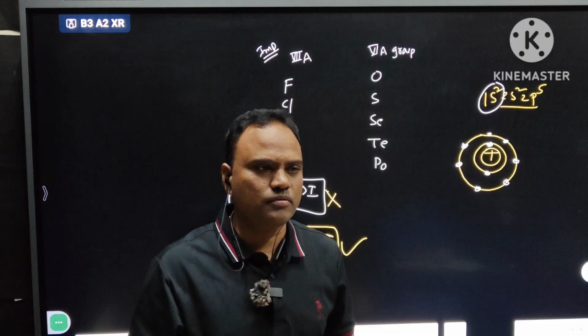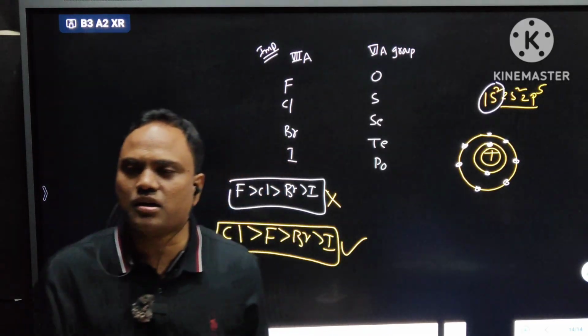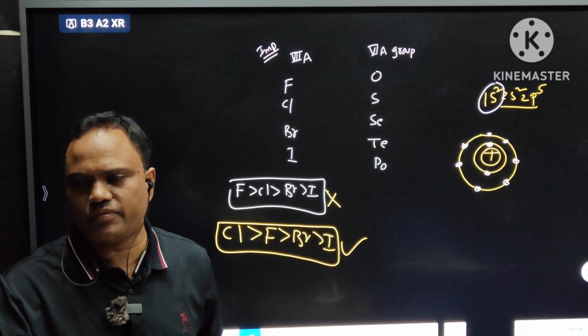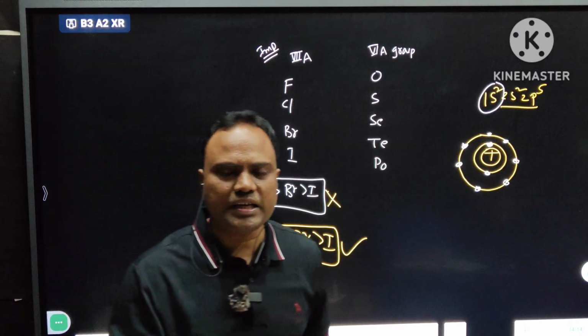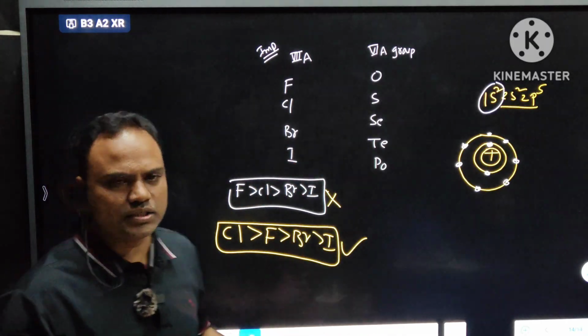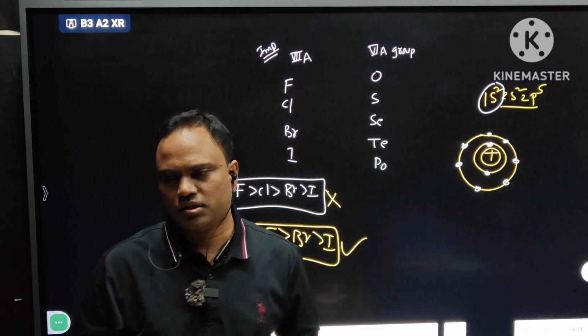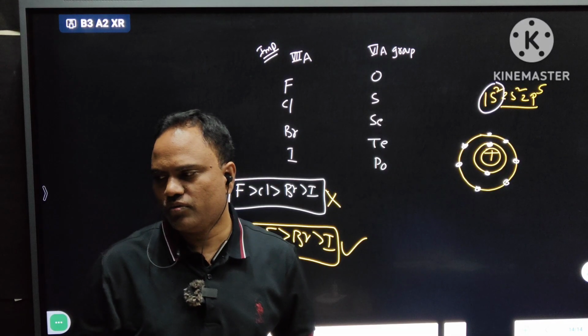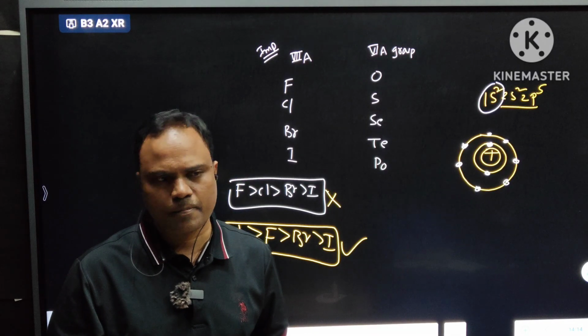So in fluorine, high inter-electronic repulsions are present. Very, very important. Because of high inter-electronic repulsions, it is difficult to add the electron easily for fluorine. Okay, got it?